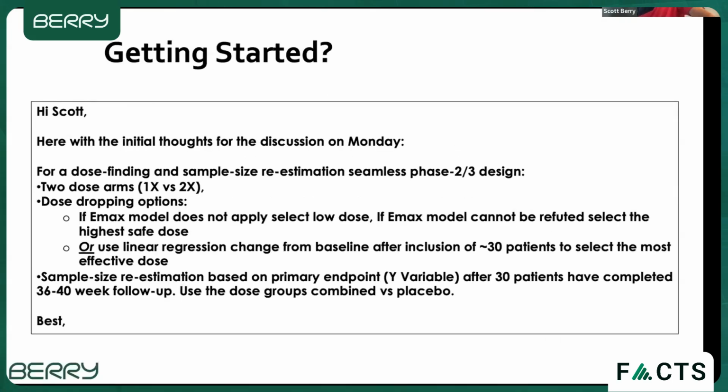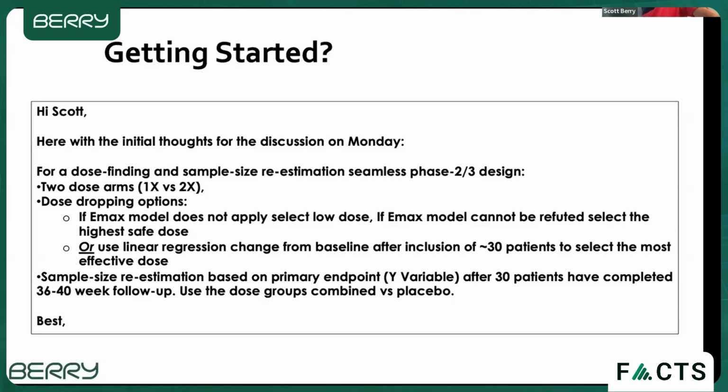I got this email last week, and I've altered it a little bit to make sure nothing confidential is here, but this is almost verbatim the email. And they want to send a design, and that doesn't work. I need much more than that. Hence, let's discuss this. And we talked about it Monday, but for a dose finding, they're sort of giving me the design for a dose finding and sample size re-estimation, seamless 2-3 trial design.